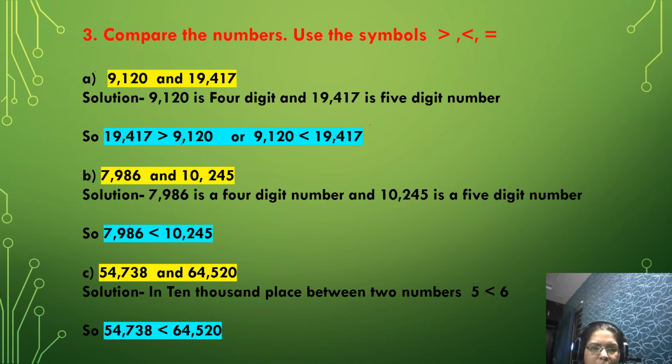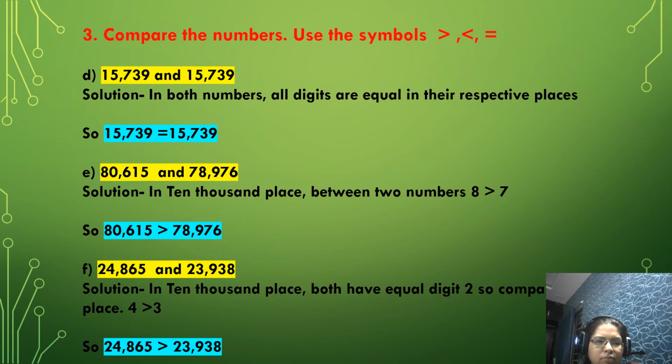So we know that the number with more digits is always greater than the number with fewer digits. Now we have the numbers 15,739 and 15,739. In both numbers, all digits are equal in their respective places. In the first number, 1 is in the 10,000 place; in the second number, 1 is also in the 10,000 place.